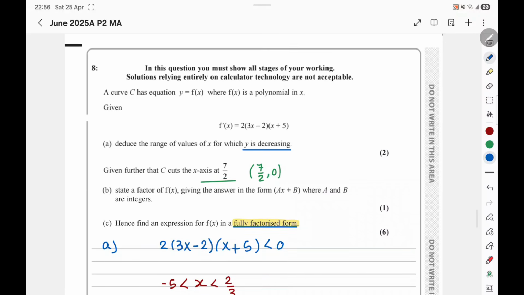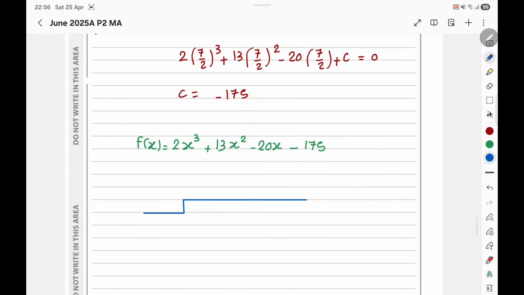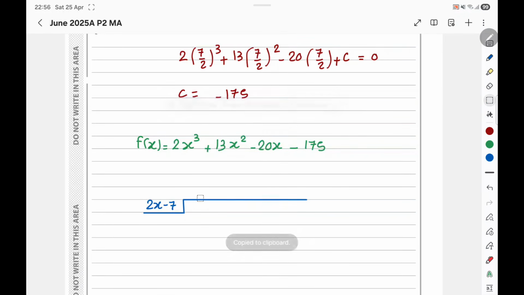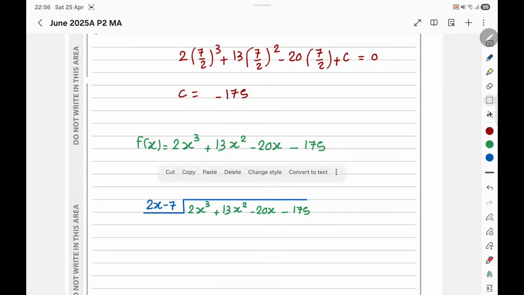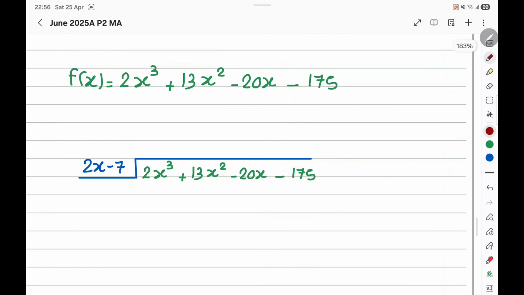This is the factor, because C cuts the x-axis at 7 over 2. So 2x minus 7, and inside here our function, copy and paste. Let's do the long division.